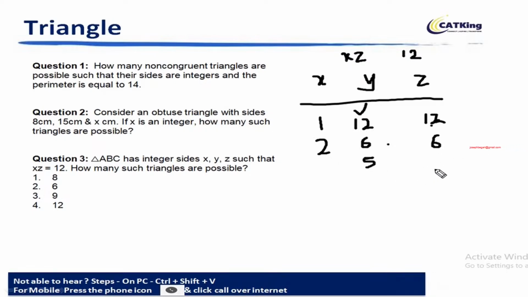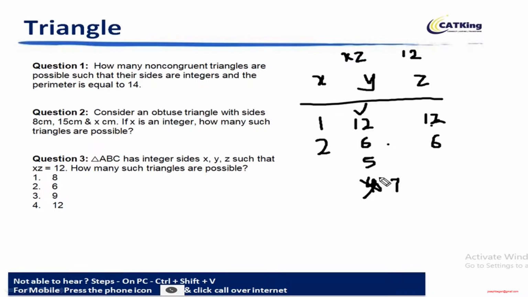So 2, 5, 6 is also possible. What if the value of y is 4? This is not possible because x plus y will be equal to z and not greater than z. So 2 plus 4 is equal to 6, not greater than 6. So 4 is not possible, and any number less than 4 is also not possible.